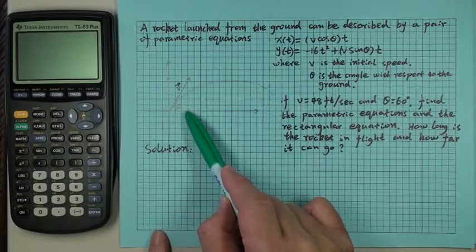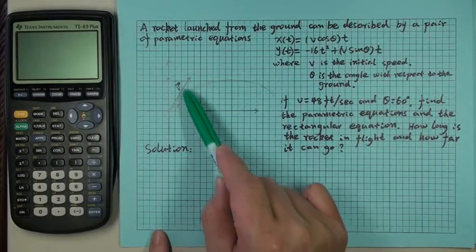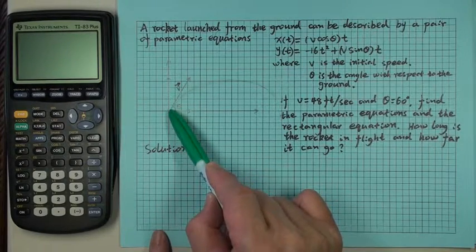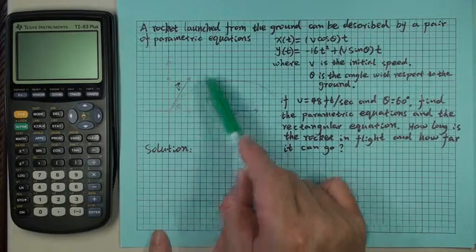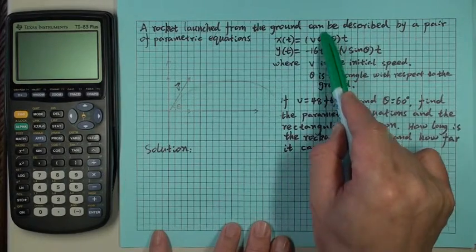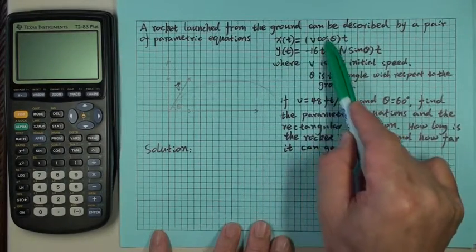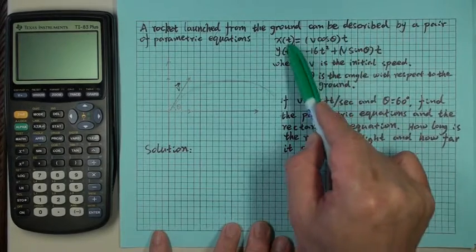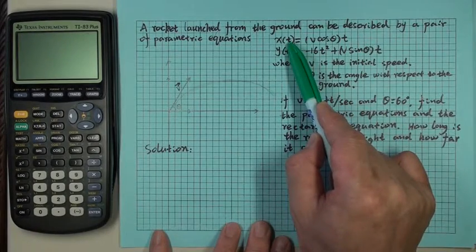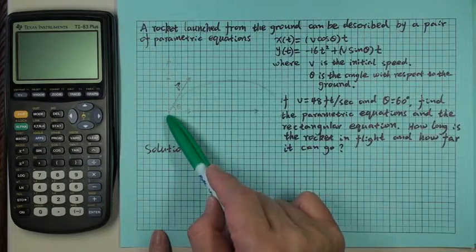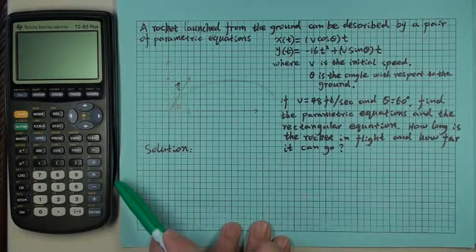So the horizontal speed times t is the distance from the origin at time t.